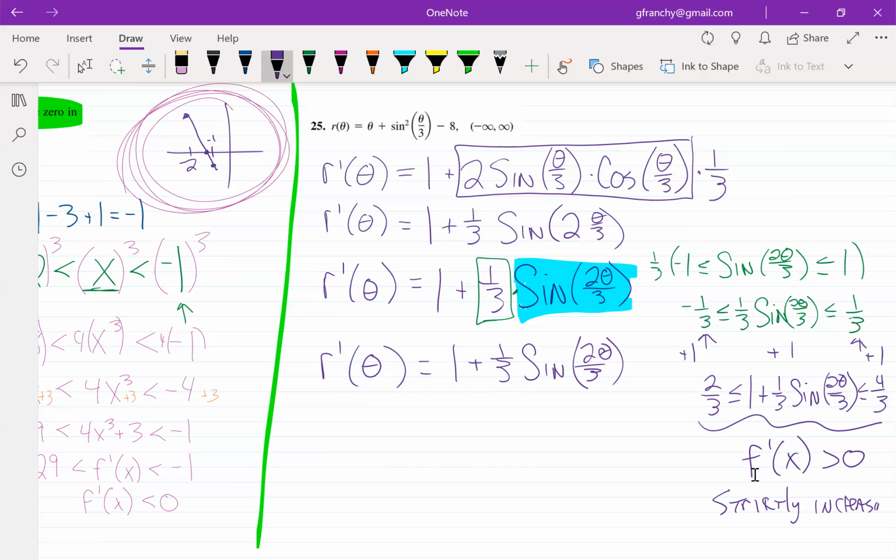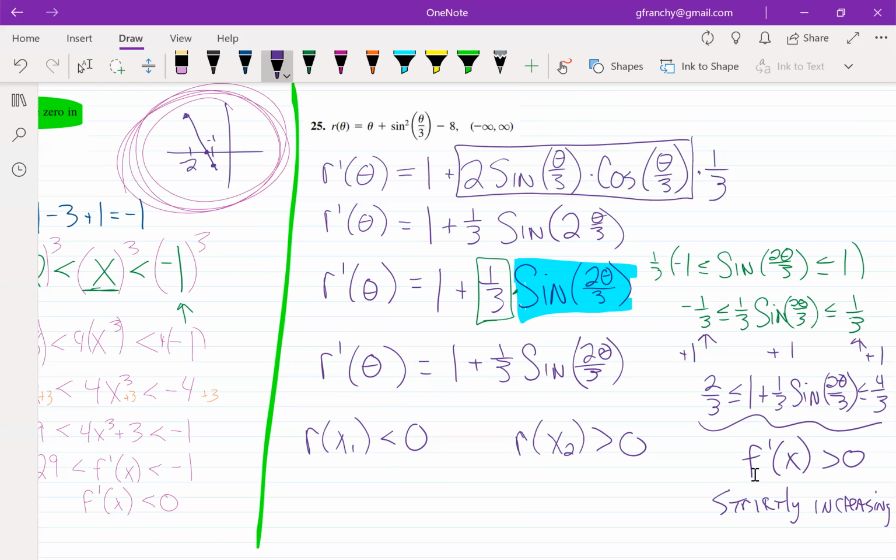And at this point, all we have to do is show that we can find some point theta where the original function is less than 0. If we can find some other point on theta where our function is greater than 0, we now establish that there's exactly 1 zero here.